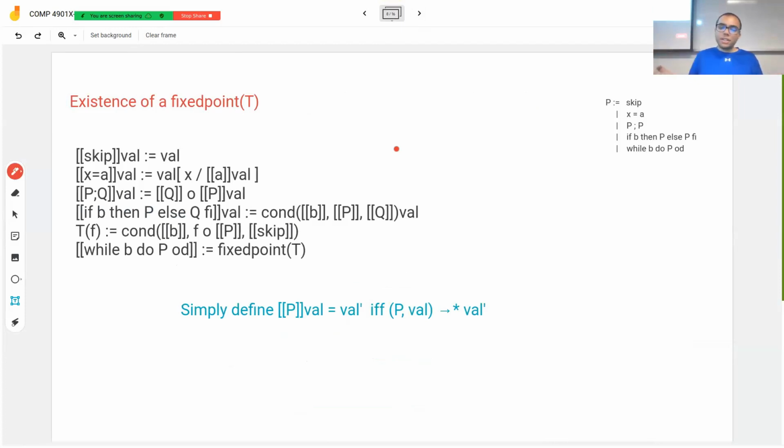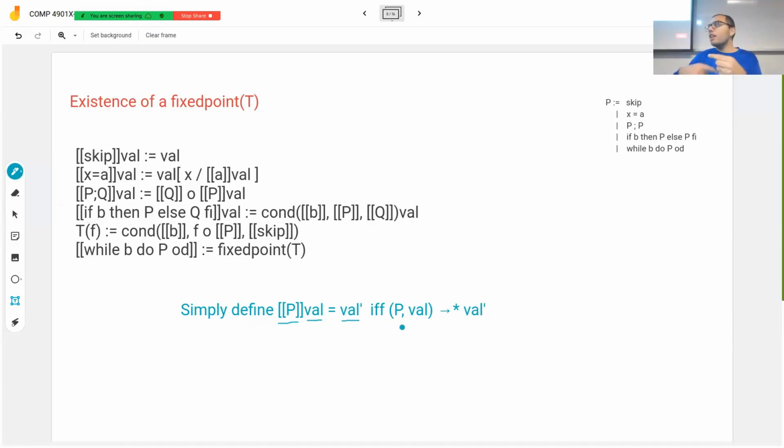And then if I just take the operational semantics for while and do this definition here, basically saying that this was the intuition that I gave you at the very beginning. It was that if I apply the semantics of P to an initial state val, I get a final state val prime.